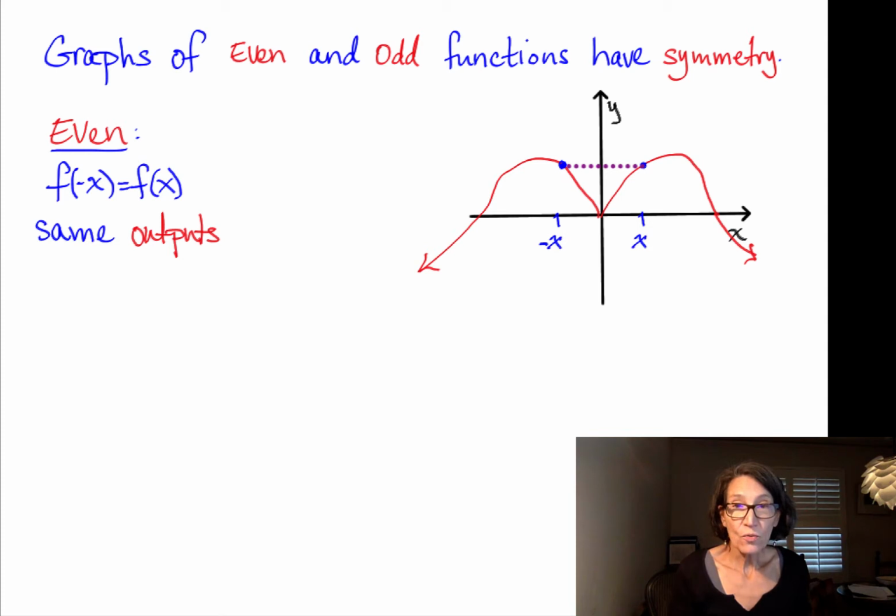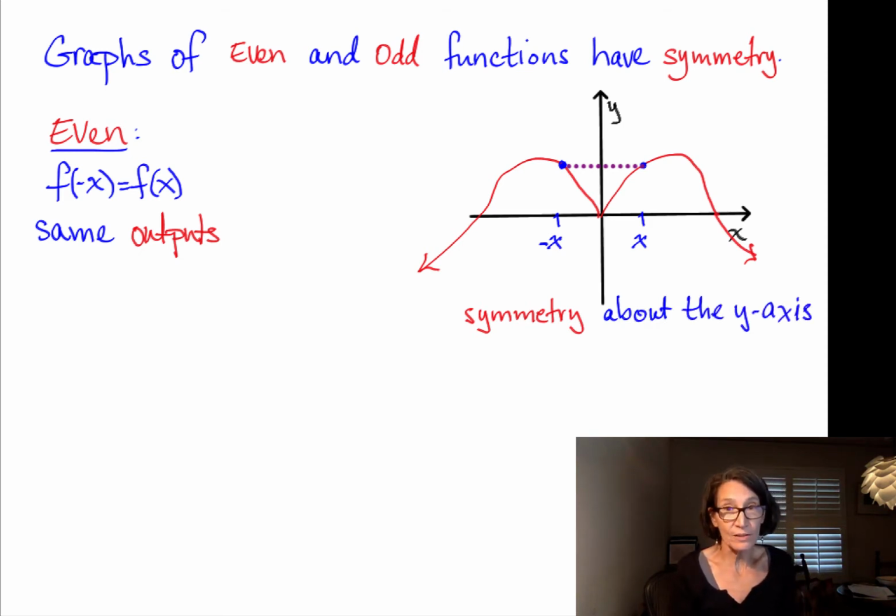And so when the right half of the graph looks like a mirror image of the left half of the graph, we say it's a symmetric function, and it's symmetric with respect to the y-axis, or it has symmetry about the y-axis. So that's why it's called symmetric.